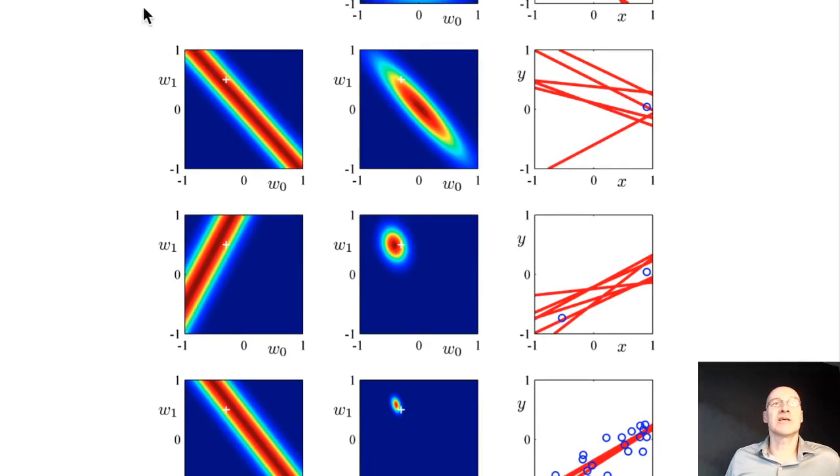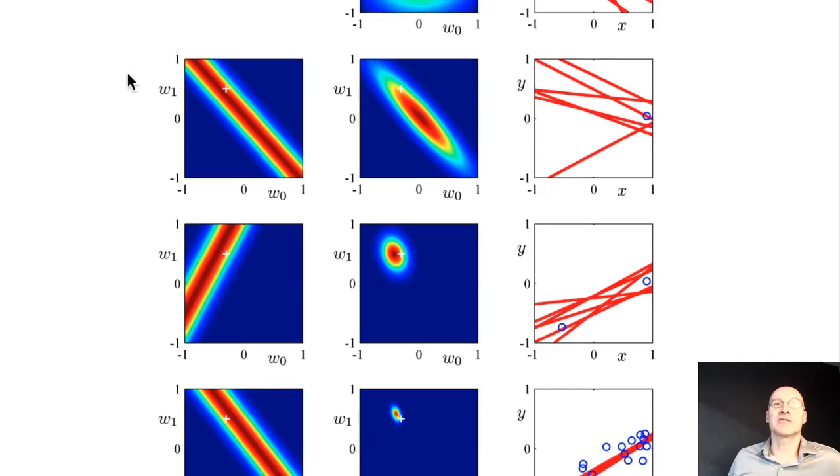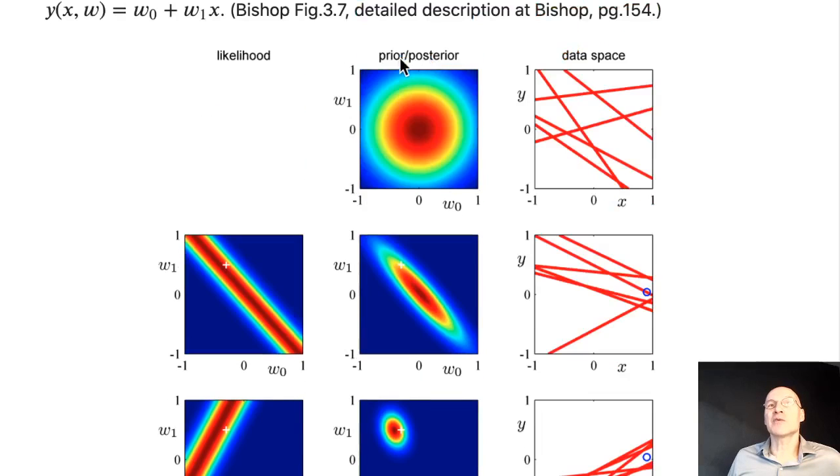That's really elongated in this way. This white cross here is basically the real value for W, but we don't know that. We have no idea what that is at this point. We just draw this one data point. We can write out a likelihood, which looks like this, a very elongated Gaussian. And we have to multiply it with our prior right here. And if we multiply this guy with this guy, we're going to get this posterior. This is also a Gaussian now, right?